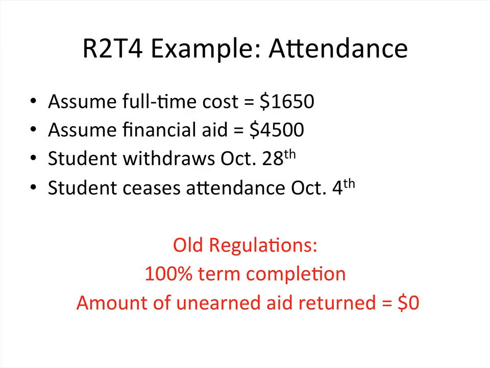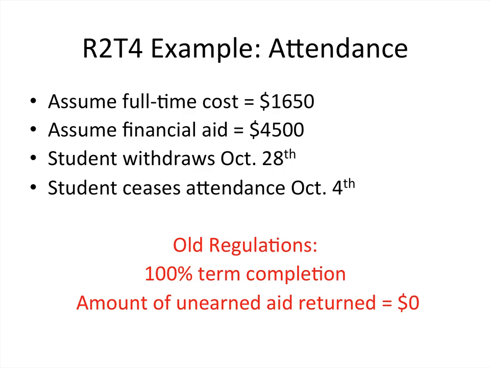Well, under the old regulations, the student had 100% term completion because the student withdrew on October 28th, and any student that withdraws past the 60% mark is considered to have earned 100% of their aid. So the amount of unearned aid is zero.